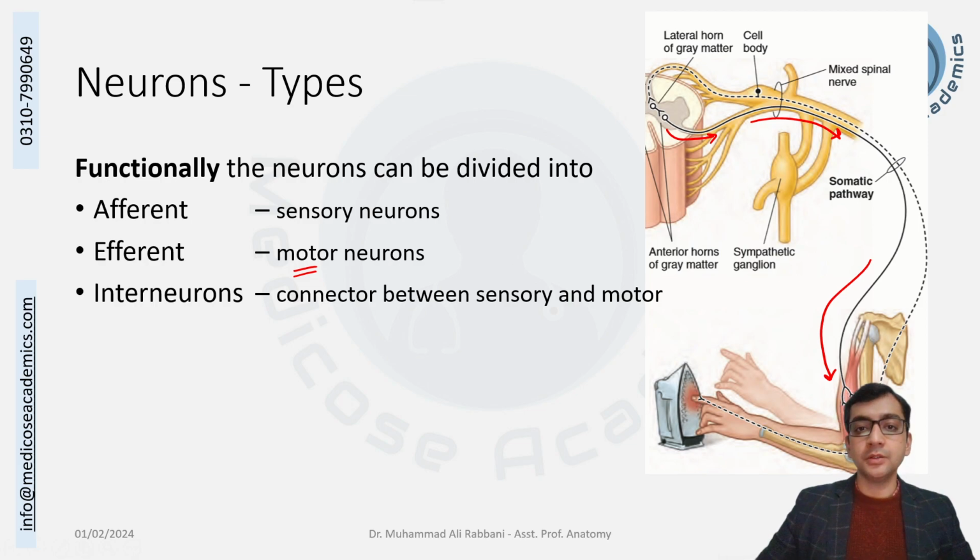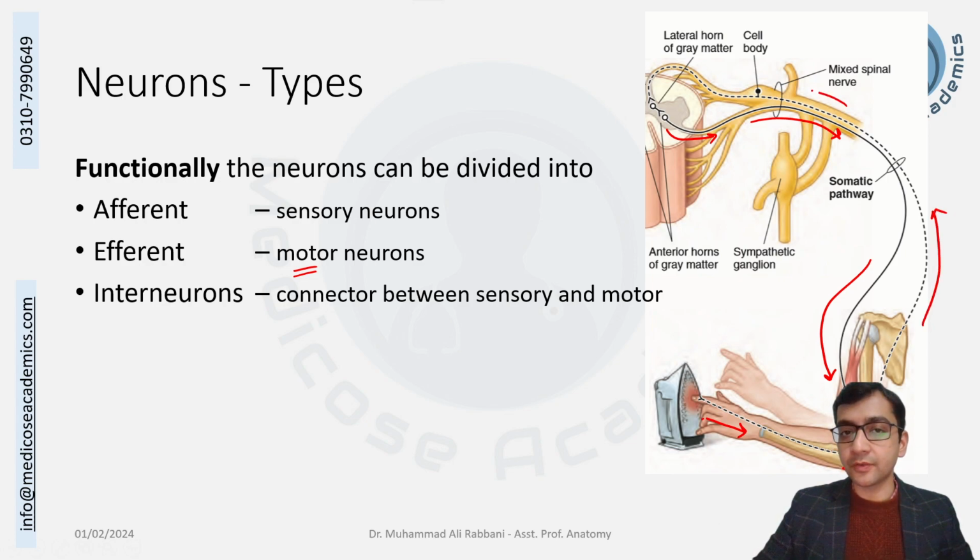The sensory neuron, the afferent neuron, is the one that is sensory in nature. It brings the signal towards the central nervous system. This is a very good example: you touch a hot object, and the signal is brought to the central nervous system by an afferent nerve.